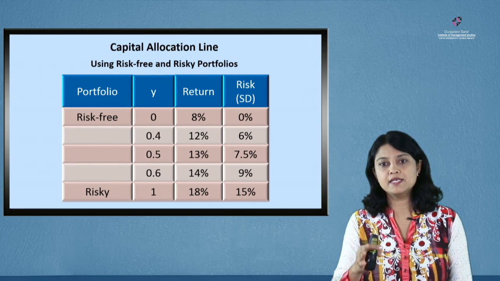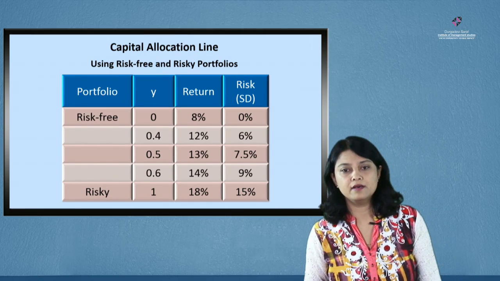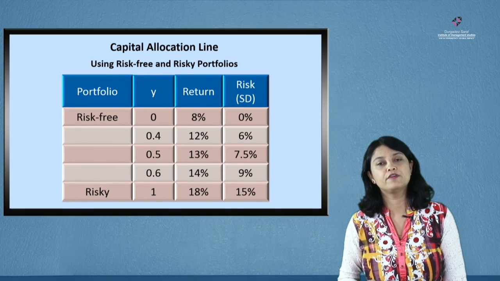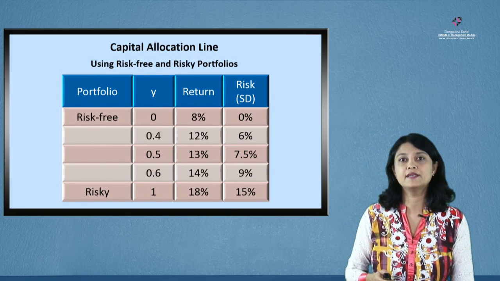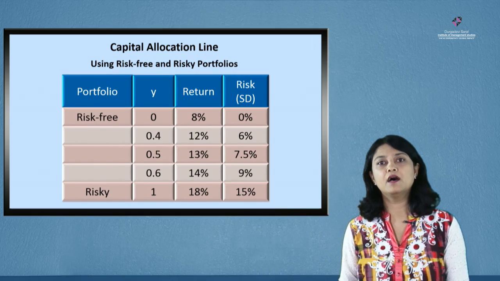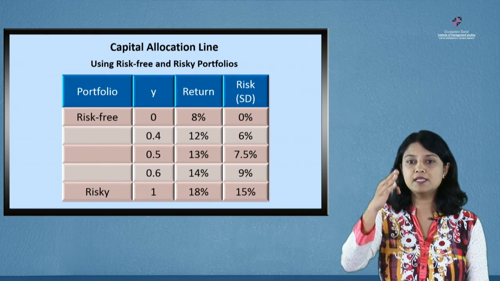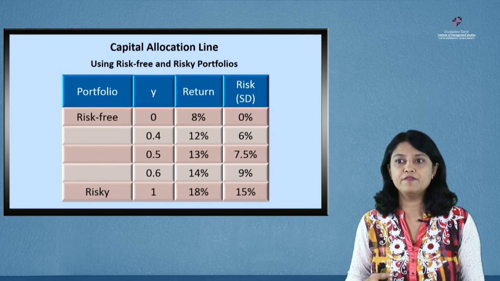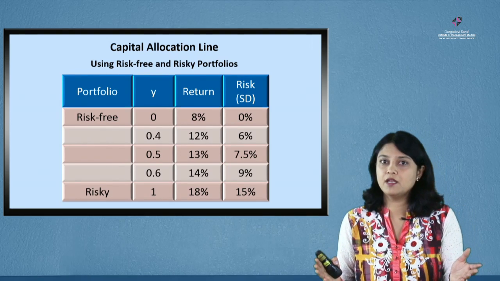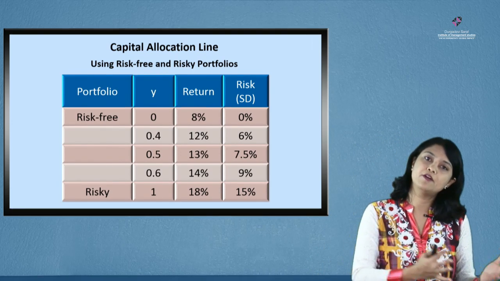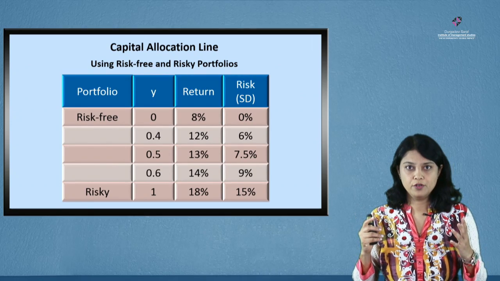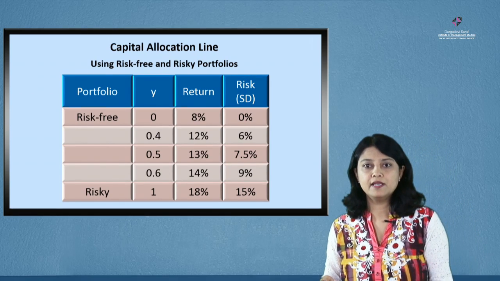Yes, these points are linear points, and if I draw the graph of it, that graph will be called the capital allocation line, because these points are showing me various ways in which I can allocate my capital between risky and risk-free portfolios. So let's see the diagram.